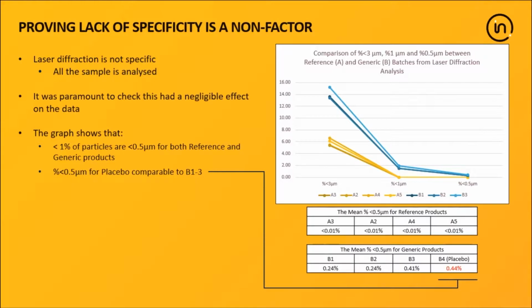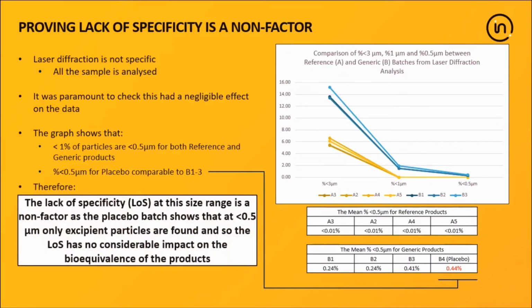Furthermore, the placebo batch of test products shows presence of the excipient at a comparable percentage to the active batches, and therefore we can conclude that the lack of specificity at this size range is a non-factor, as the placebo batch shows that at less than 0.5 microns, only the excipient particles are found, and so the lack of specificity has no considerable impact on the bioequivalence of the products.